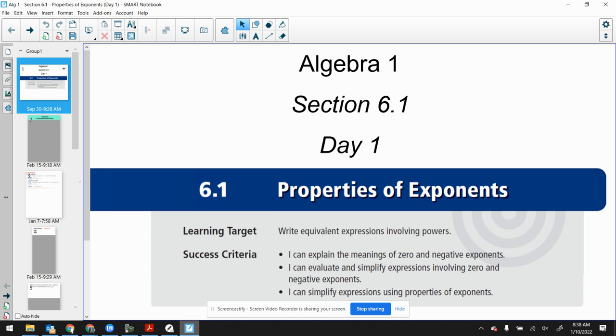Now, I'm going to teach you a bunch of properties today and tomorrow. Here's the deal with that. You have to memorize these properties of exponents that we'll talk about today and tomorrow. But the more you work with them, the more you do your homework assignments, the more they're just going to stick in your brains.